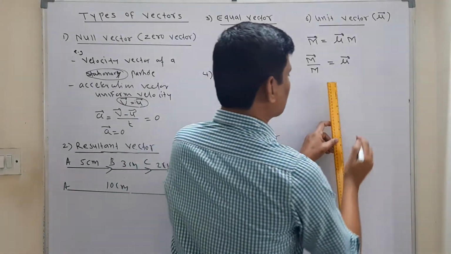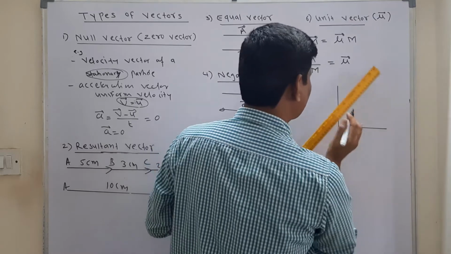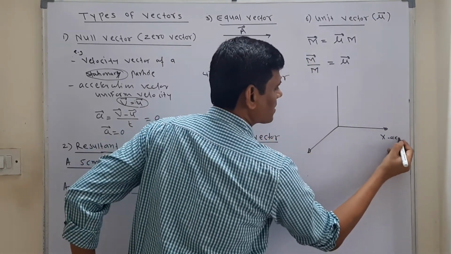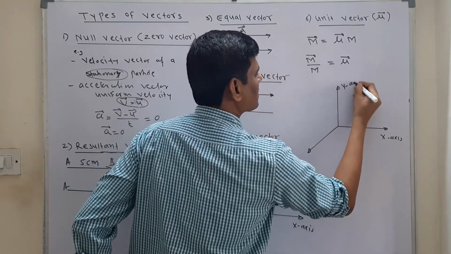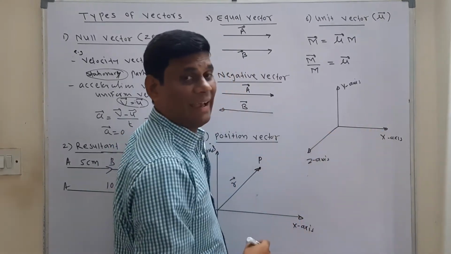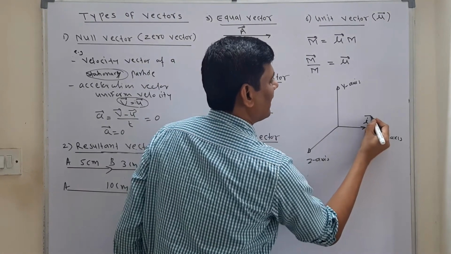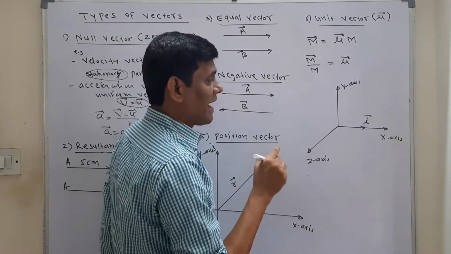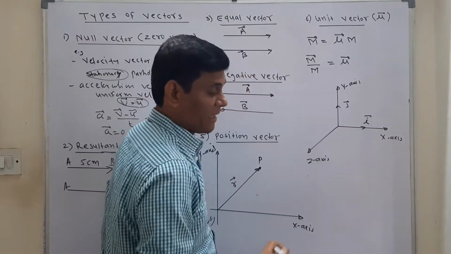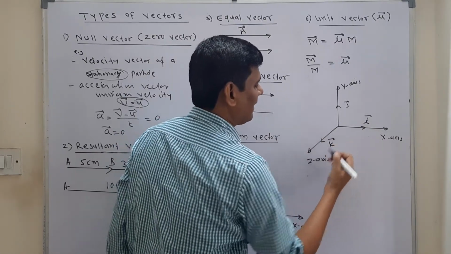Suppose we have our coordinate system with x-axis, y-axis and z-axis. To represent the direction along the x-axis, we use the unit vector i. To represent the direction along the y-axis, we use the unit vector j. And to represent the direction along the z-axis, we use the unit vector k.